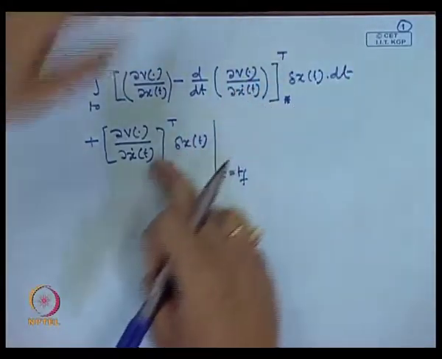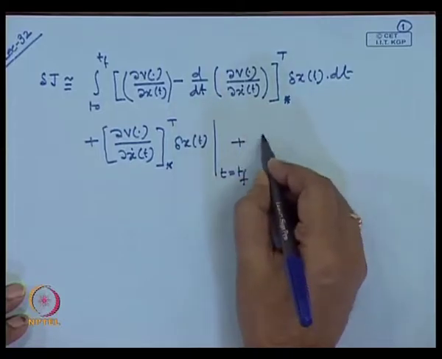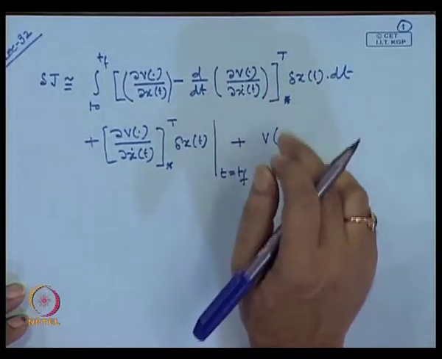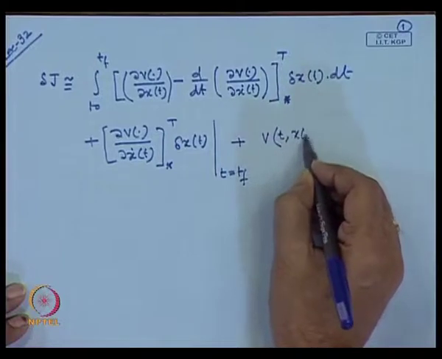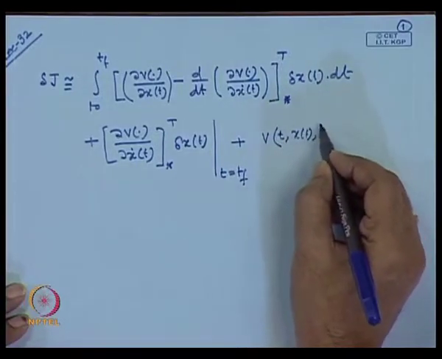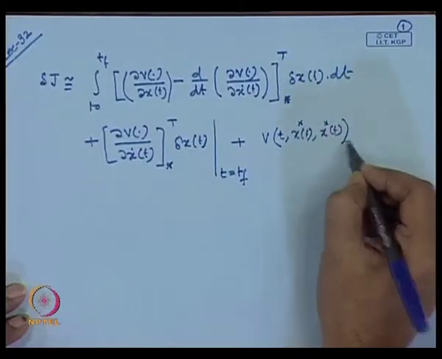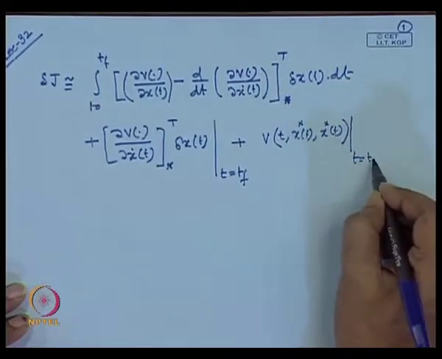After simplification, we got that one, plus the middle term, where we approximated the integration from T f to T f plus delta T f of V dt by taking the slope of the functional at t equal to T f, multiplied by delta T f. This is V of x star, t, evaluated at t equal to T f.